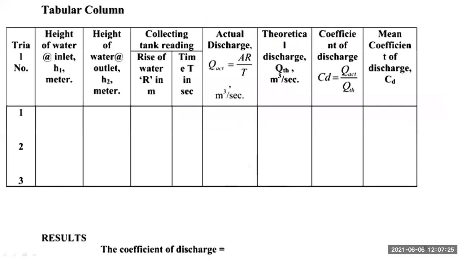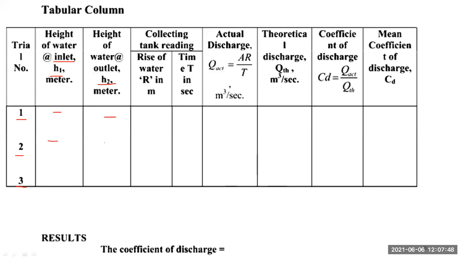If you see the tabular column, it looks like this. You have the number of trials. You're going to conduct 3 trials, and the height of water at the inlet, that is H1, you are going to record, and H2 is the height of water at the throat.